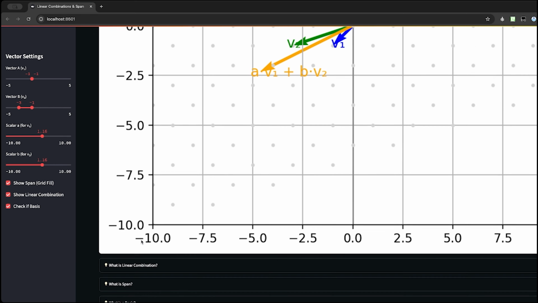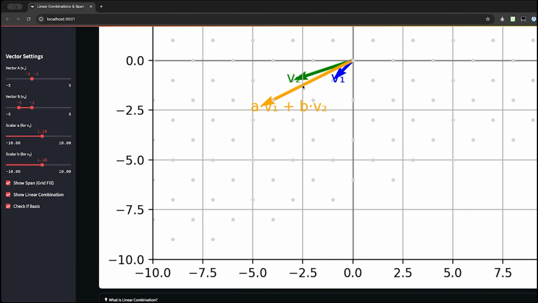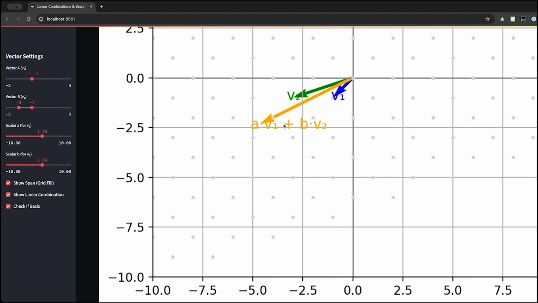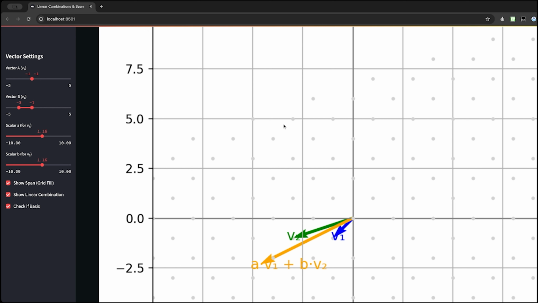It is simple: basis means a set of vectors which are linearly independent and they span the vector space. Spanning the vector space means that with those vectors we can reach anywhere in the 2D coordinate space. That is called a basis.